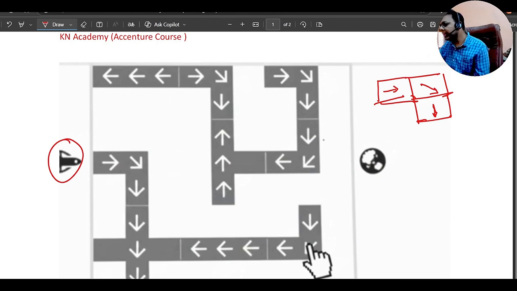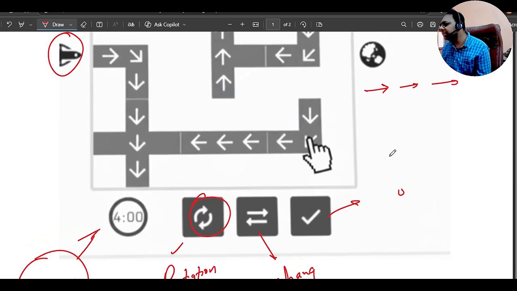For example, suppose your arrows are looking like this. Suppose there are three arrows like this, and you use this rotation button. Then how will it rotate? Look carefully. Suppose these are the three tiles, connected like this.